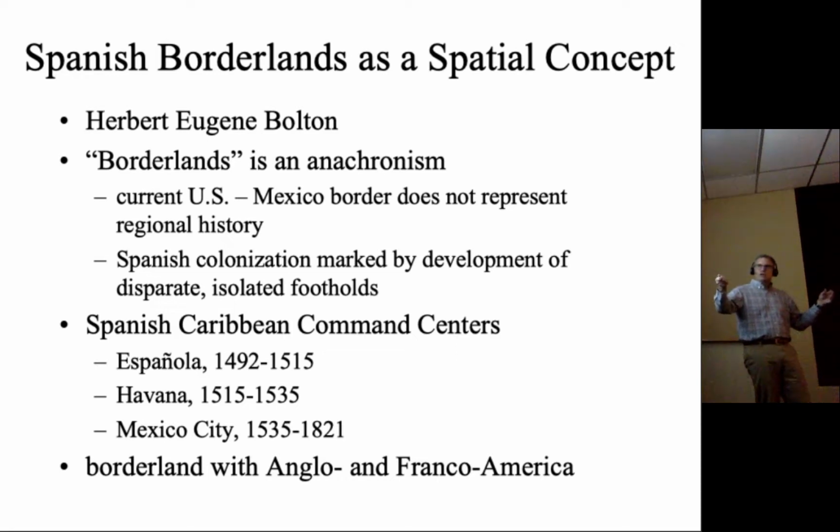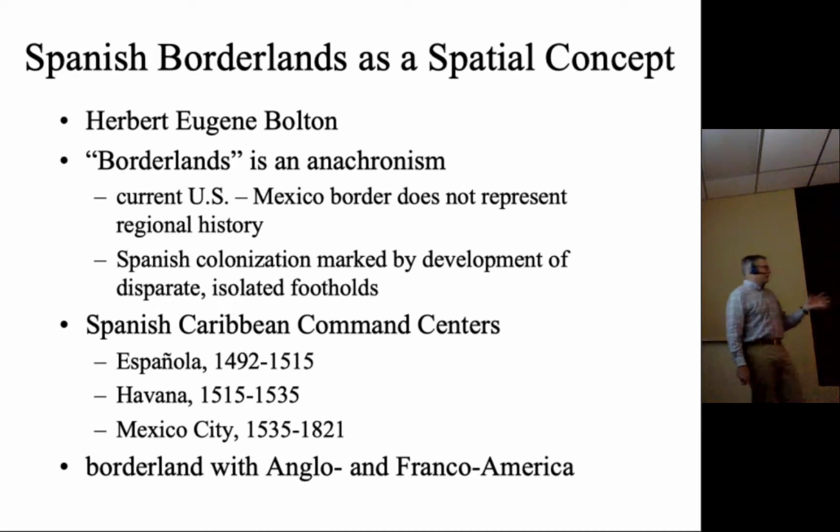And the Spanish quickly moved on to Cuba, and so Havana became a very, very important point in the exploration of the Caribbean, and particularly the connection to Mexico, because of course in 1515, that's 2 years before Cortez arrives in Mexico.